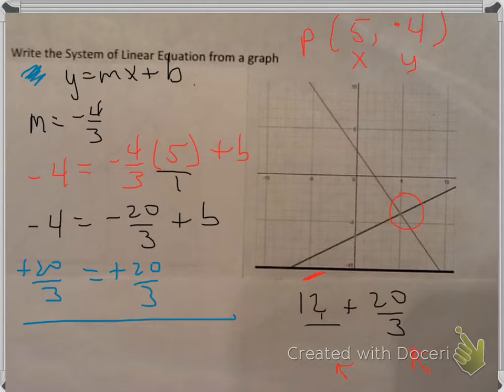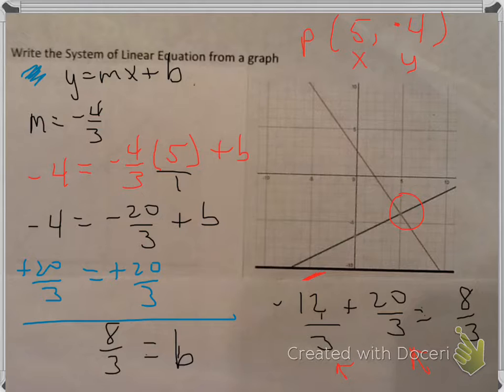Now, since this is a subtract, we're going to get 8/3. So my b value is going to equal 8/3.